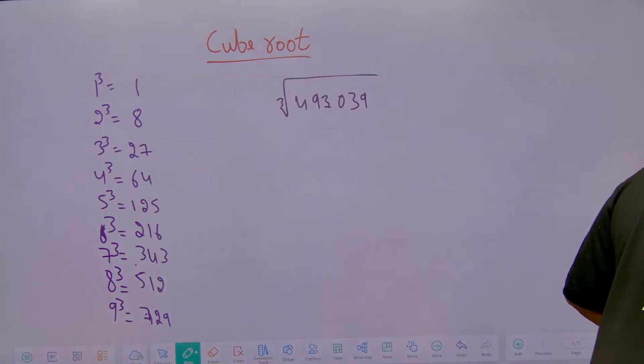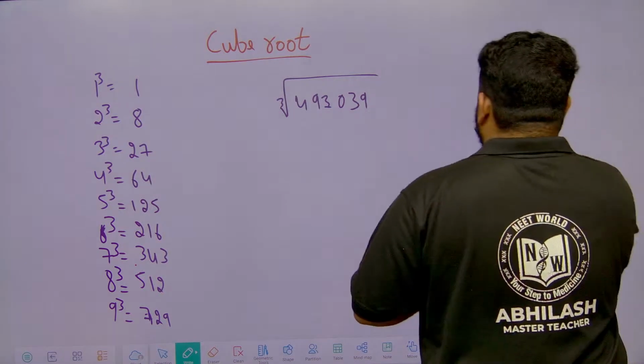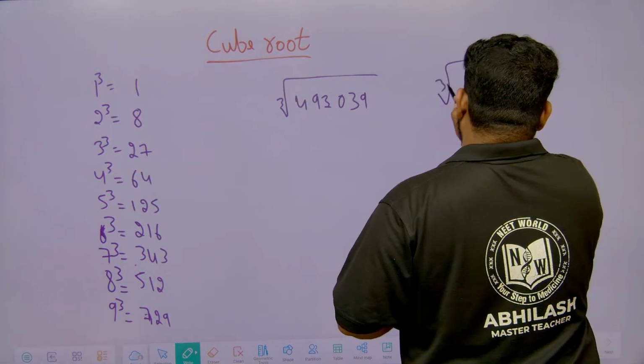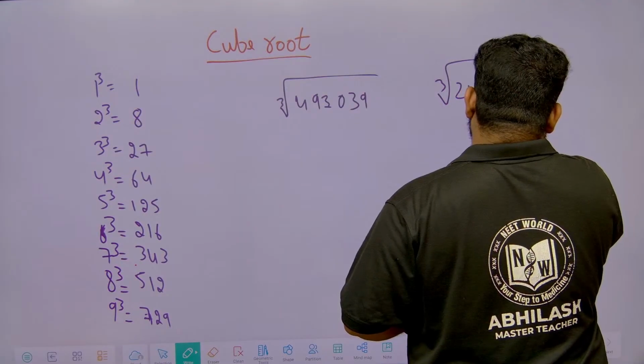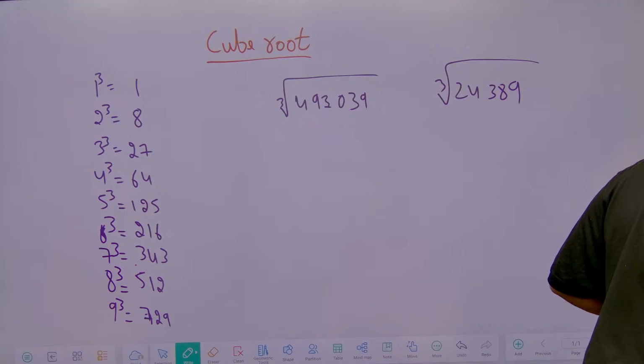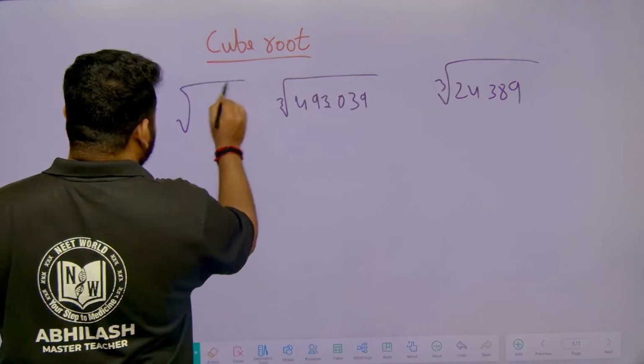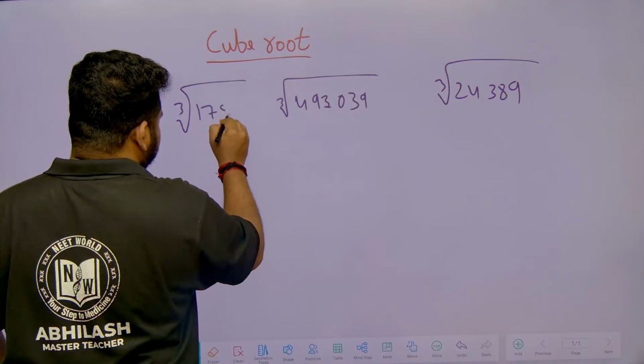One more example we'll take, 24389. And 1728, cube root of 1728.